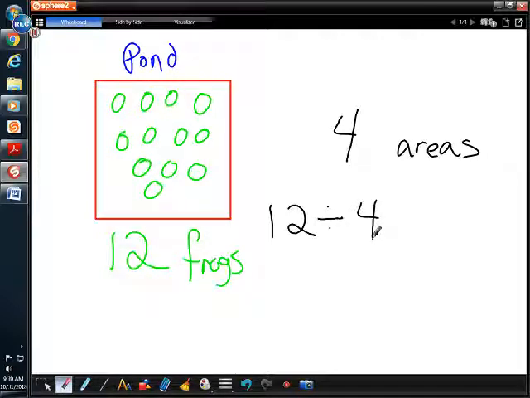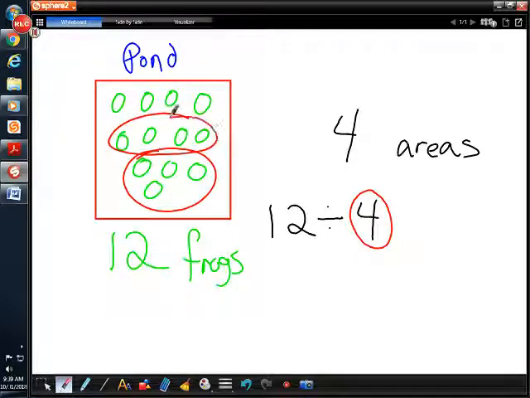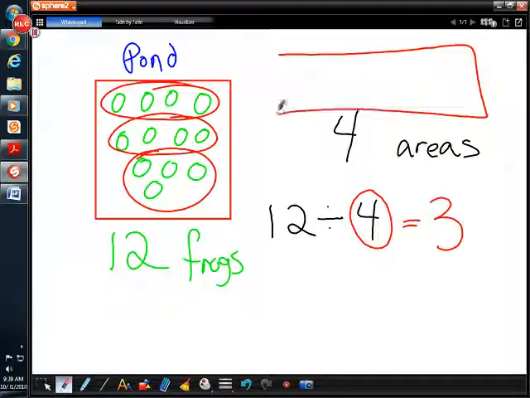So what we can do, an easier way, instead of going froggy here, froggy here, because that takes forever, is come in here and look for groups of 4. So 1, 2, 3. So what this means is that if we send 3 frogs each to those 4 areas, let's say this is our 4 areas of our pond.